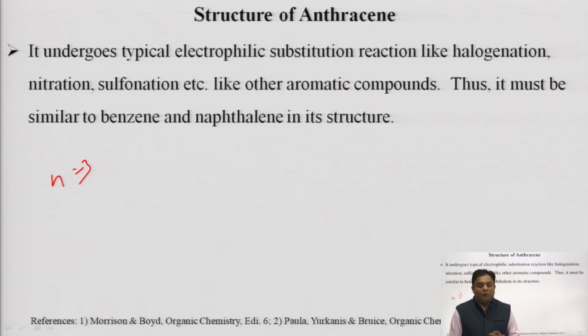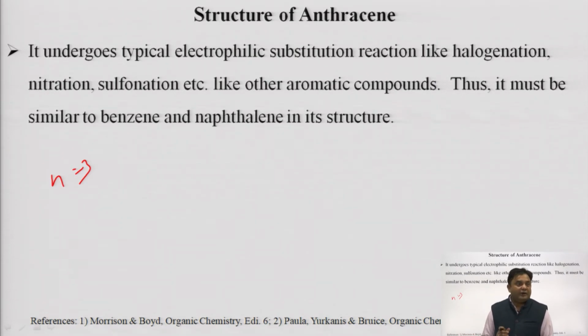Each carbon has that perpendicular p orbital, which overlaps with the neighboring carbon's orbital. Because of that, an electron cloud is generated above and below the plane of the anthracene. That electron cloud is responsible for its preference for the electrophilic substitution reaction.